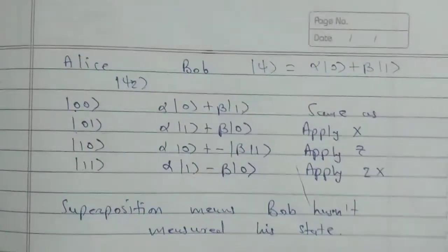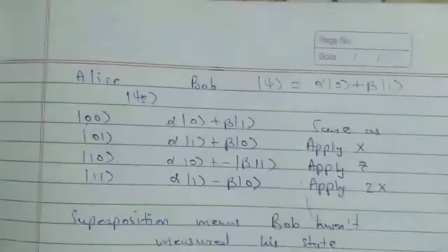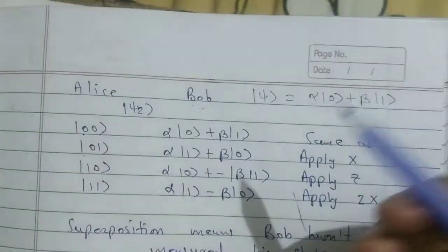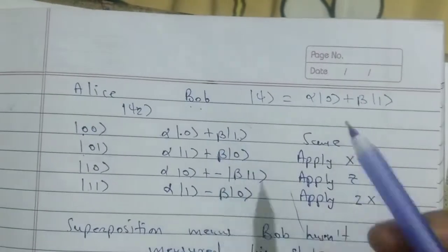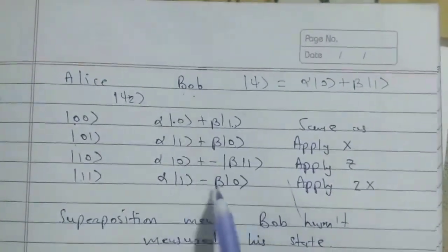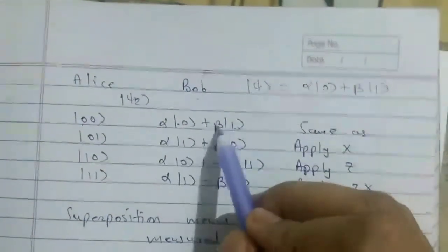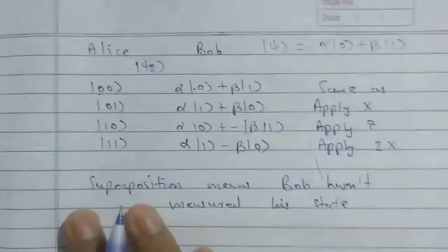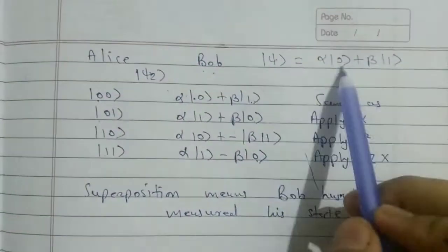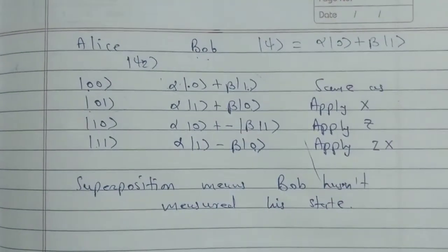If Bob does measure his qubit, the wave function will collapse and he will get only either 0 or 1, with probability mod alpha squared for 0 or mod beta squared for 1.